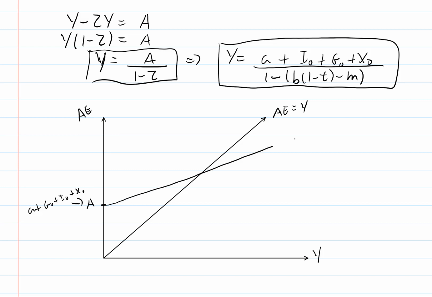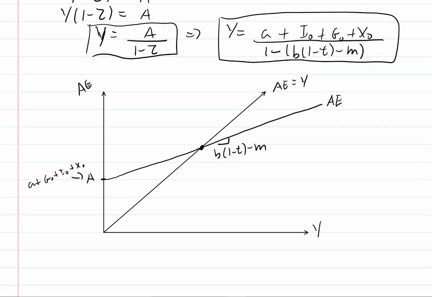Then we have a slope, and this slope is going to be equal to B times (1 minus T minus M). And where these two lines intersect is going to be our equilibrium condition that we just solved for.